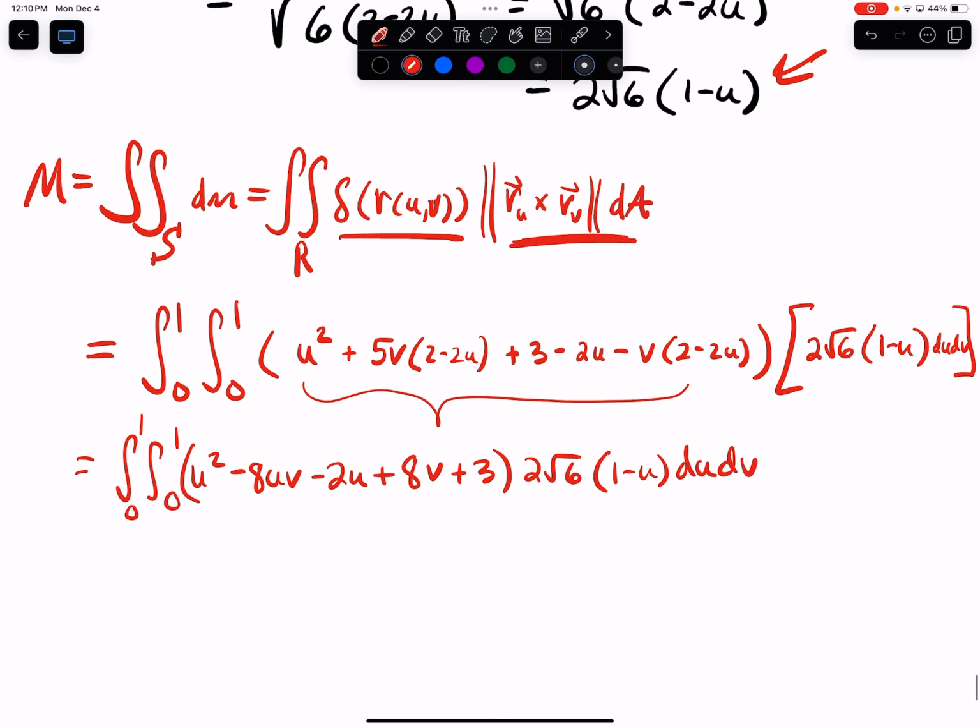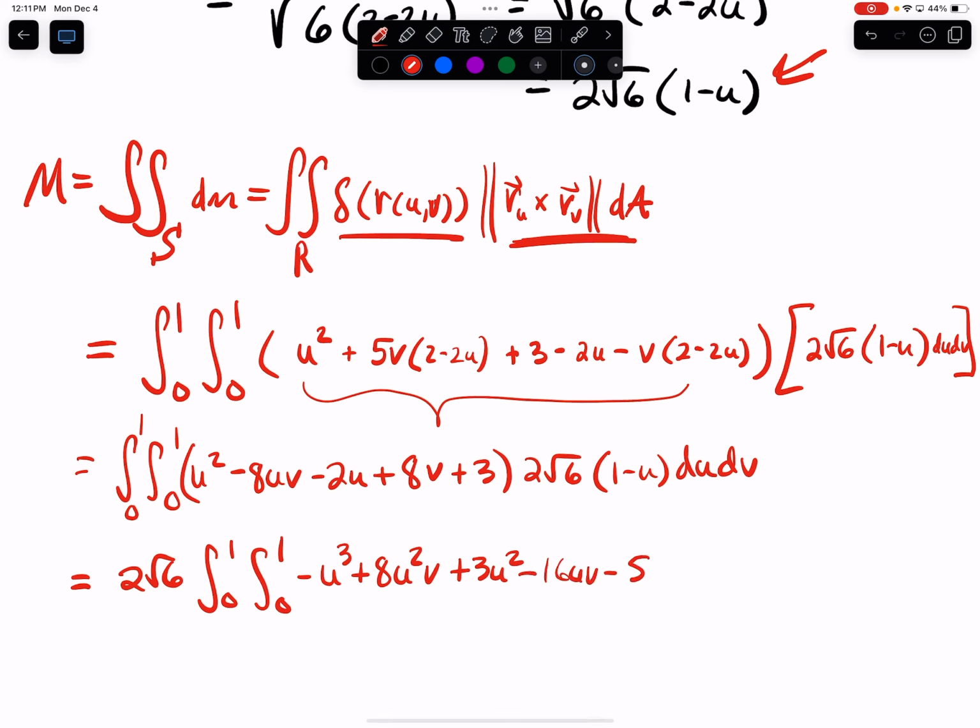Multiply all that out. I could pull a 2 square root 6 out. Minus u cubed plus 8u squared v plus 3u squared minus 16uv minus 5u plus 8v plus 3, du dv.